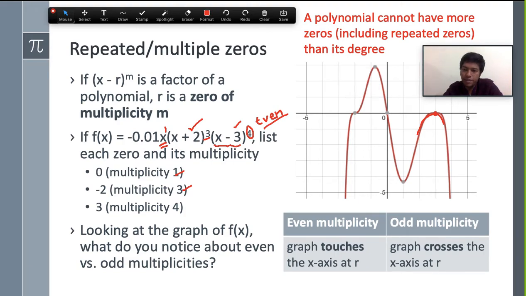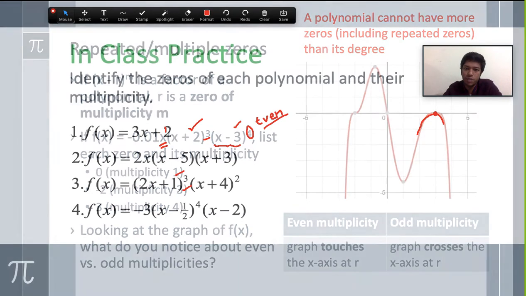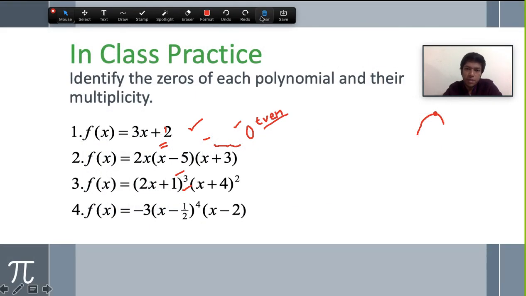This is a quadratic function, and since the maximum power is 2, it can have at most 2 real zeros. It cannot have 3 real zeros.